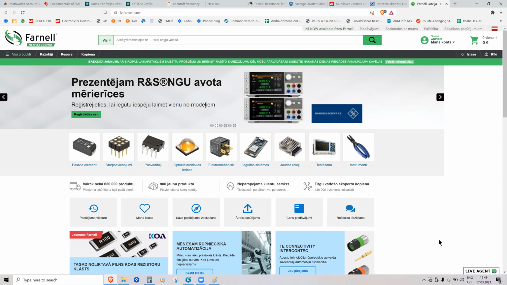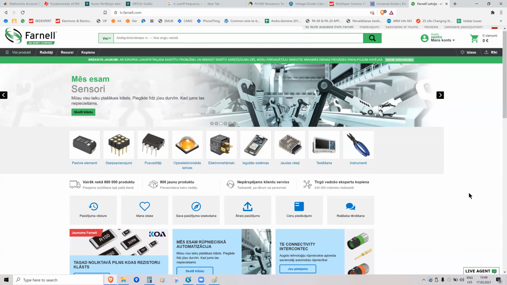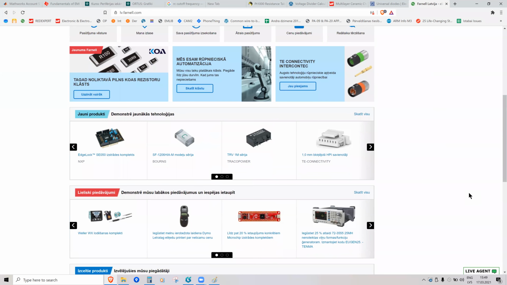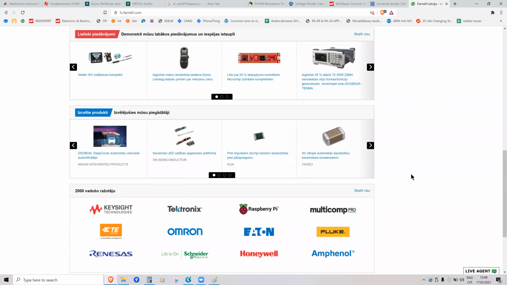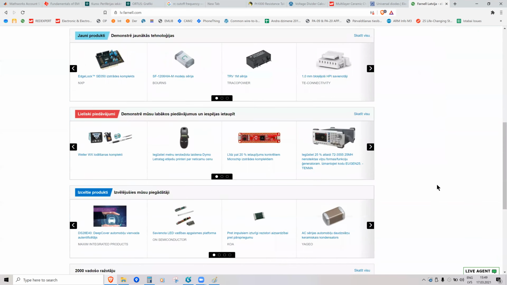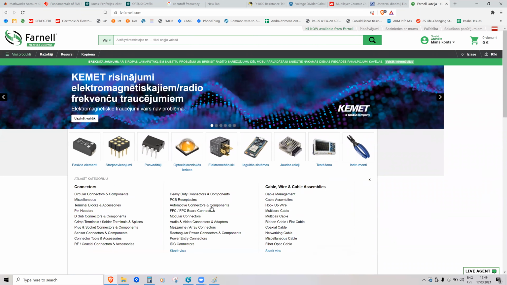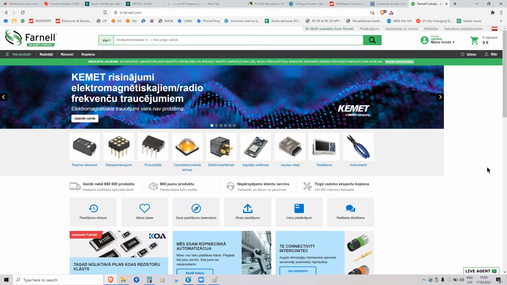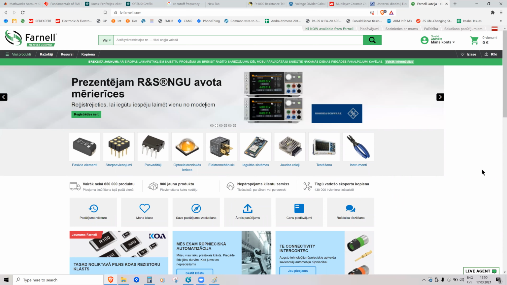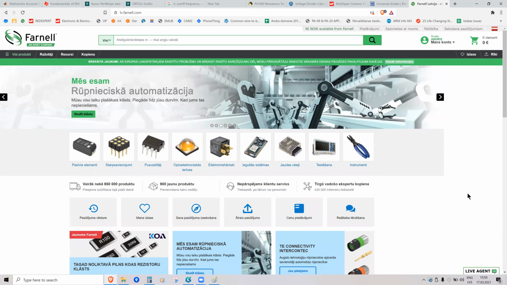So even after Brexit, these guys figured out how to make some imports and exports offices in Europe, such that even though you are buying from Great Britain, they manage all the paperwork and they do all the imports, and you buy something here and you receive it to your doorstep with no papers at all. But shipping is €7.